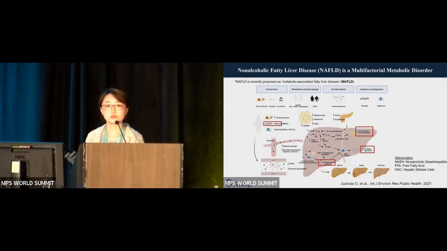So the disease will progress from the early stage of NAFLD to an advanced stage, NASH, and to a later stage, cirrhosis. So a good disease model should be able to recapitulate the disease progression, as I mentioned here, as well as the key disease phenotypes.